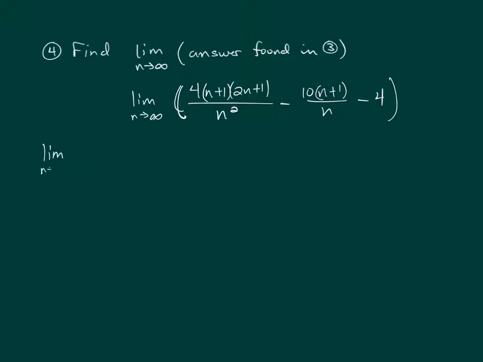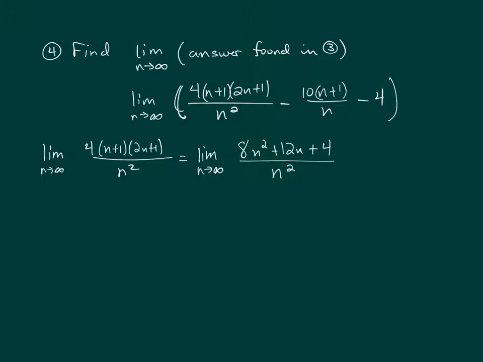The limit as n approaches infinity of 4 times n plus 1 times 2n plus 1 all over n squared. What happens here is you can FOIL out these two binomials and then multiply everything by 4. So when you FOIL it out, you get something like this in the numerator. And the next step is to find out what this limit equals.